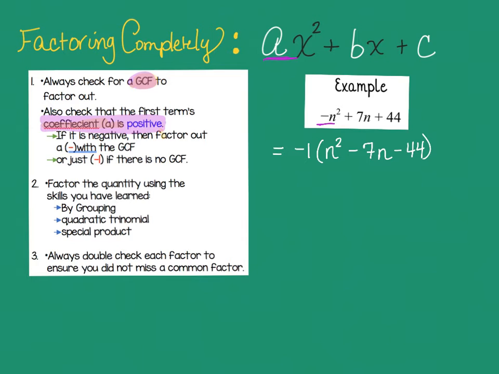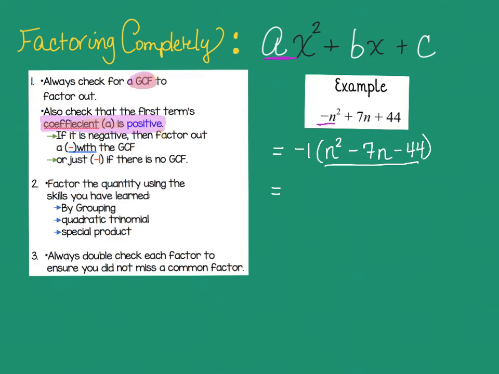Okay, after we have done that, the GCF or the -1, and making sure that whatever trinomial or polynomial factor does not have a first term that's negative, then we're just going to factor the quantity using the skills that we've learned, either by grouping, quadratic trinomial, or if it's a special product.